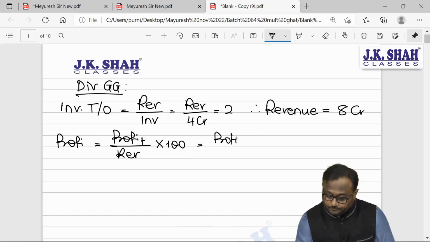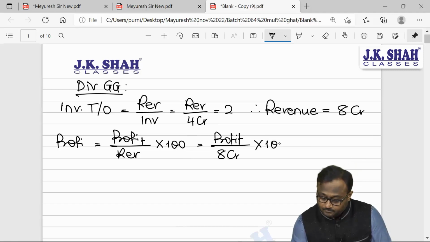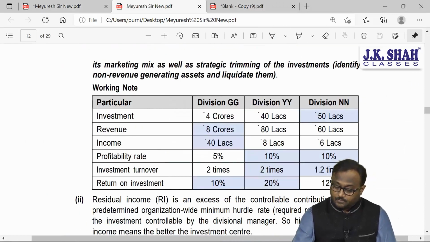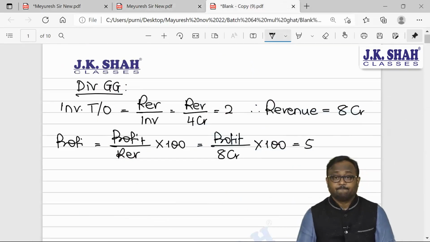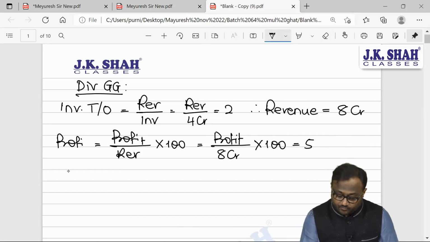We don't know. How much is revenue? 8 crores, we just now got it. And the answer is 5%. So, how much will be the profit figure?